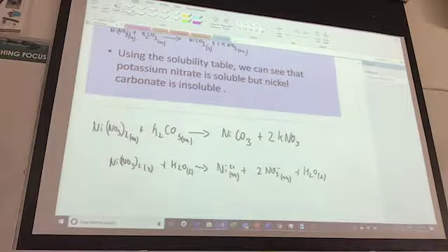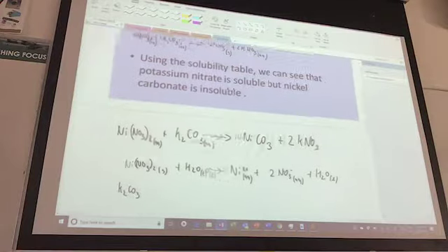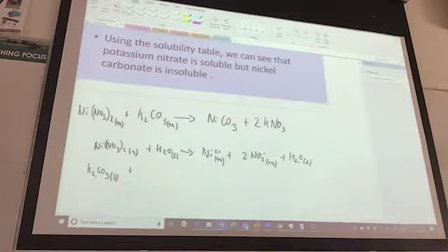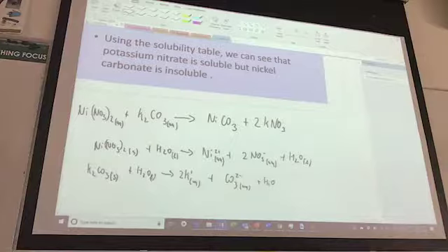So we also know that the solid potassium carbonate, when we add that to water as a liquid, we'll end up with potassium ions and carbonate ions, with water as a liquid.